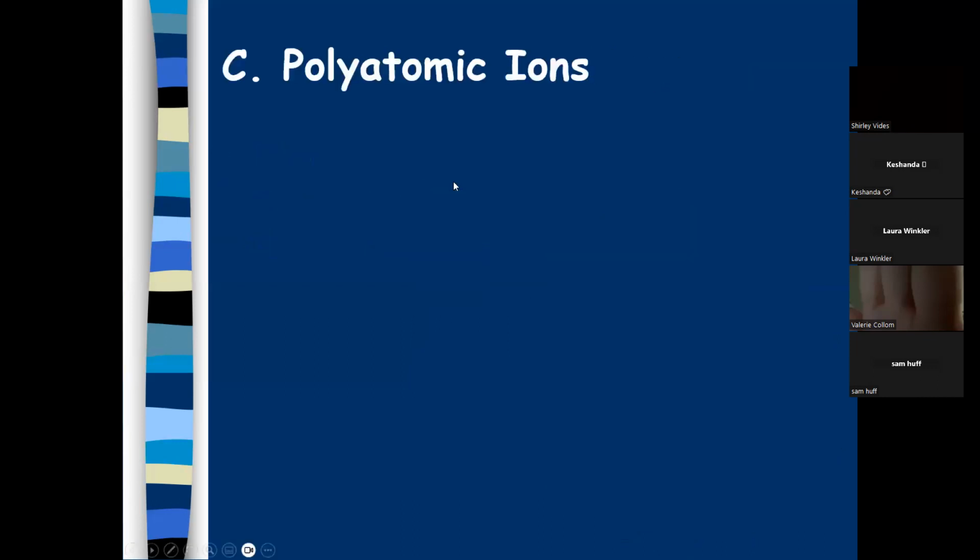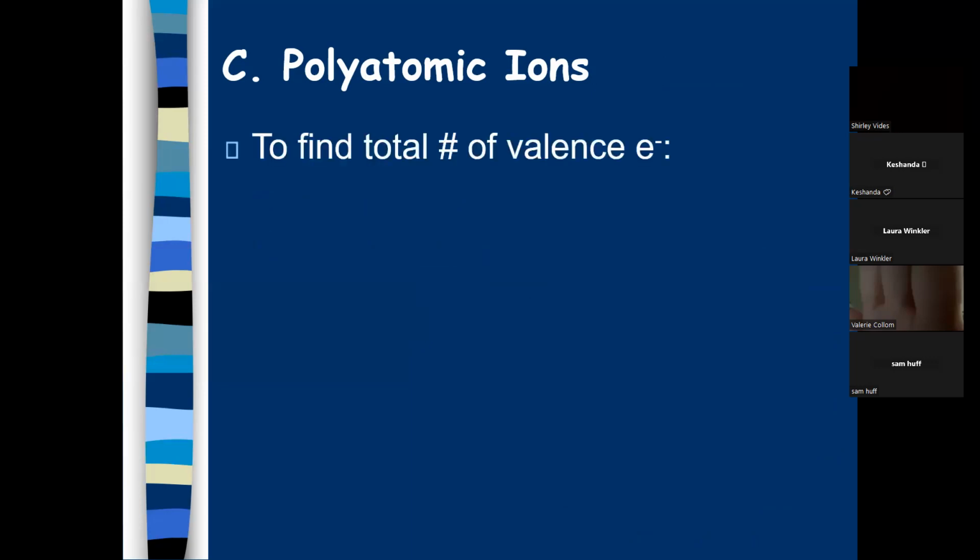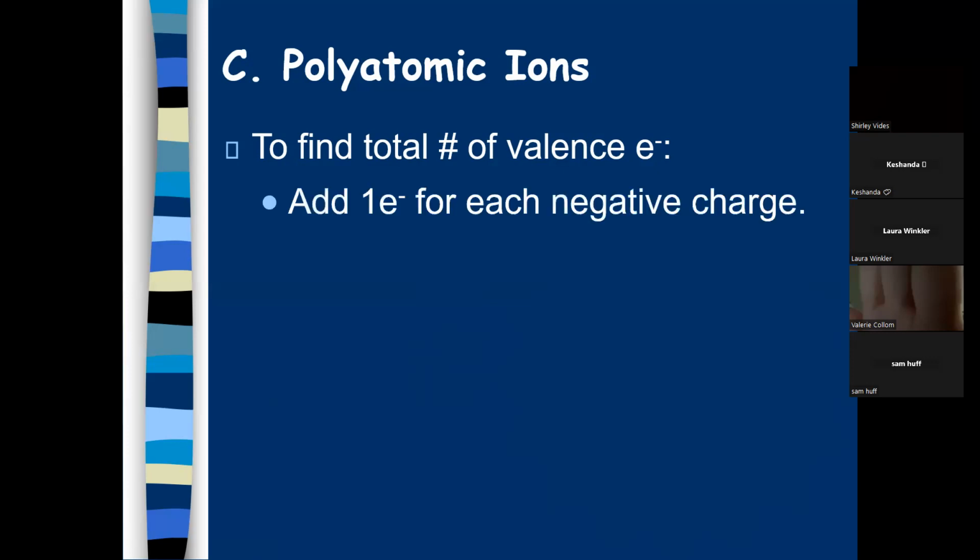Next one is a polyatomic ion. Yeah, they do have a structure too. Polyatomic ions are characterized because they are charged, remember? So there's a little extra step to do this one. You do the same steps as before, but you also add 1 electron for every negative charge. So if you have a -3, you add 3 more electrons to the total.